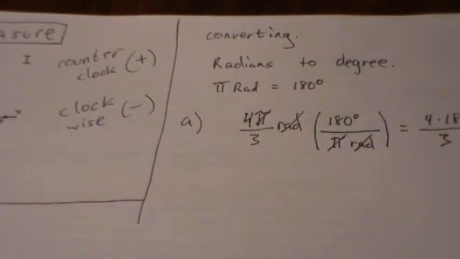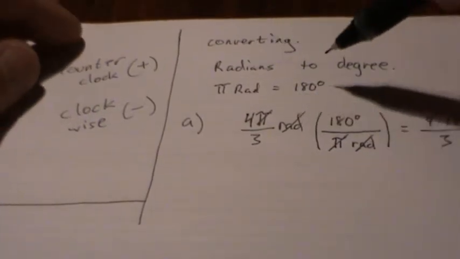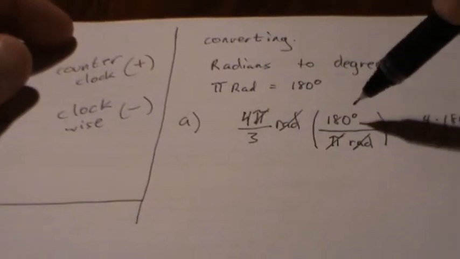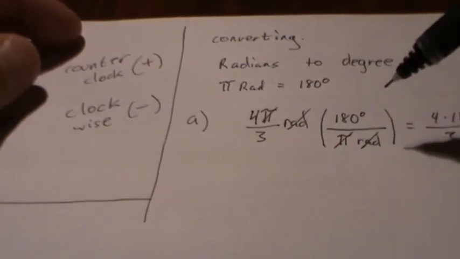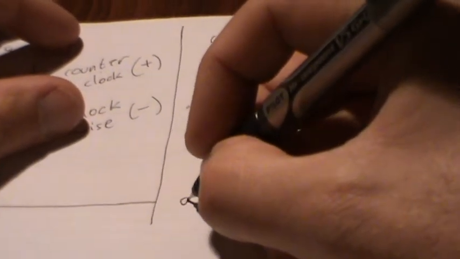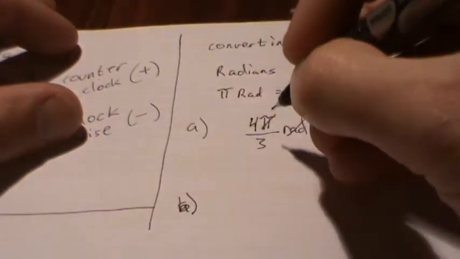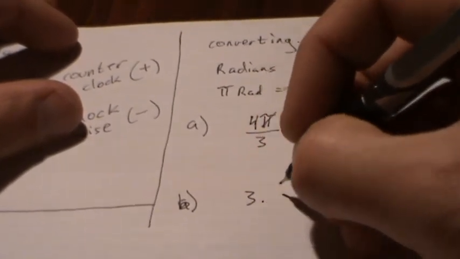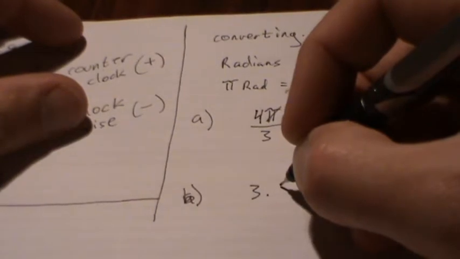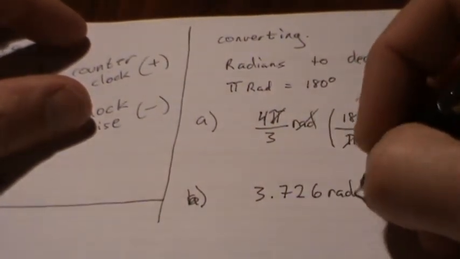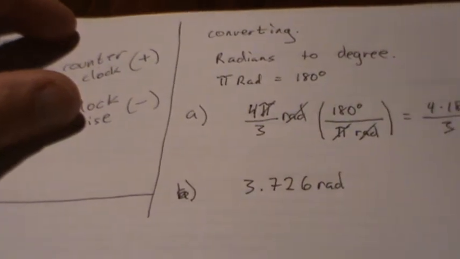All right, so in order to convert from radians to degrees, you multiply by 180 over pi. You might see it another way. Still from radians to degrees, they might just give you something like 3.726 radians, and you want to convert this to degrees.